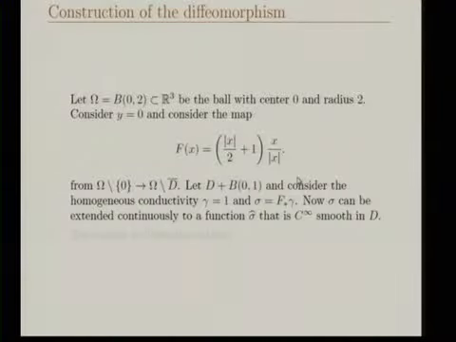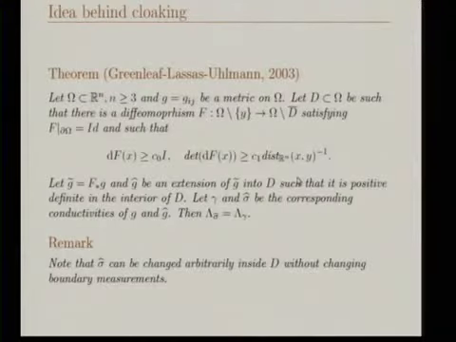Then you consider the homogeneous conductivity, gamma equal to 1, and based on the push forward of this, you consider the conductivity sigma, and then you continue it inside D such that it is C infinity smooth in D. This is an example of this theorem.